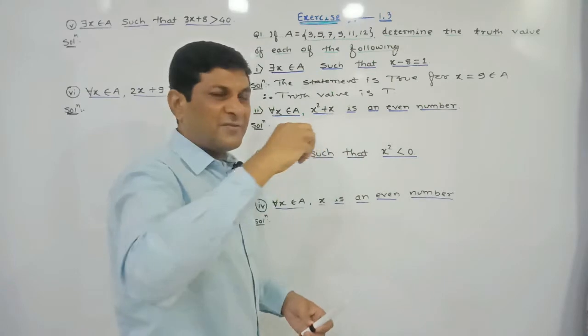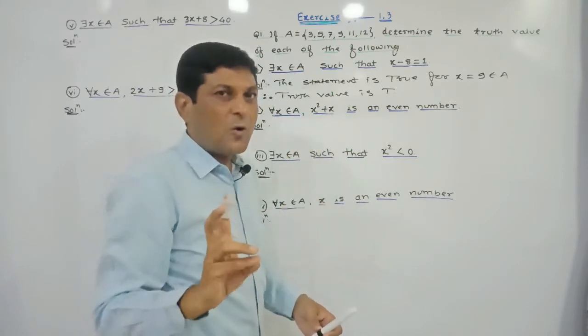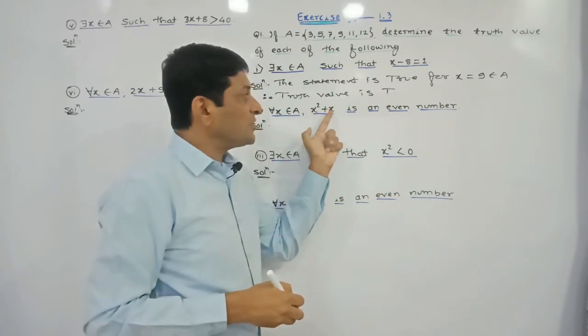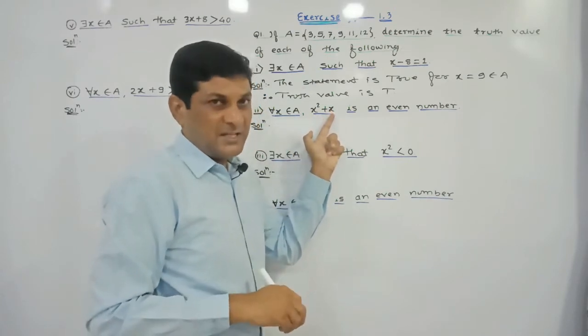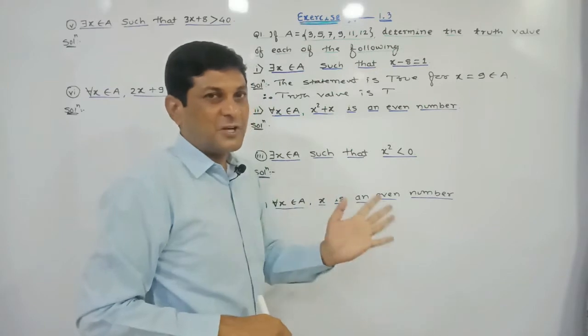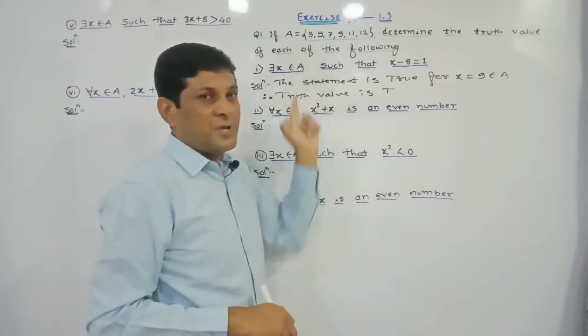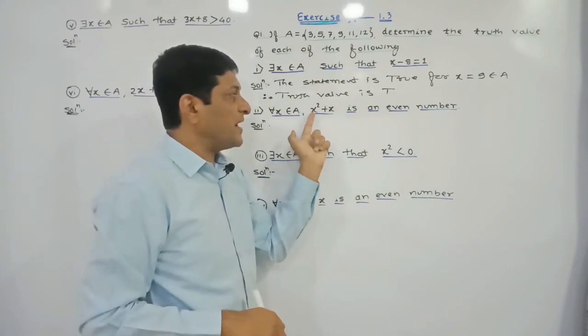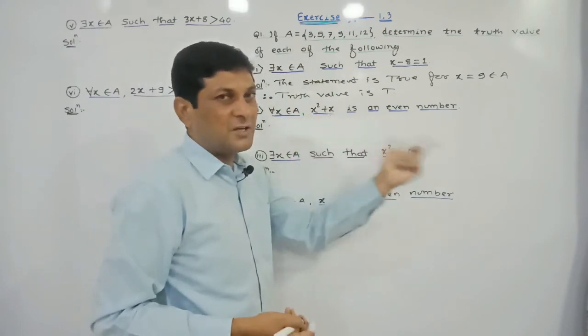See, for every element, whether it is an even number or an odd number, the square of the number plus the number itself is always even. So in the case of 3, we have already seen that this value is even. Let us check for 5. What is the square of 5? 25. 25 plus 5 is 30. 30 is an even number.